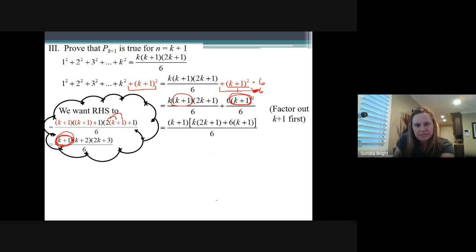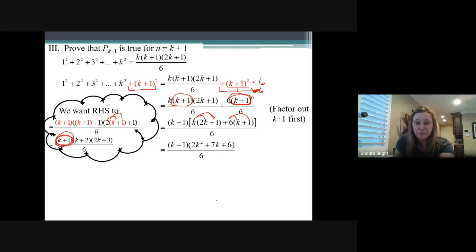Now let's distribute this k into both of those and distribute the 6 into both of those, so that I still have this k plus 1 times 2k squared plus k plus 6k, so that's where I'm getting the 7k, and then plus 6. And this is going to factor.